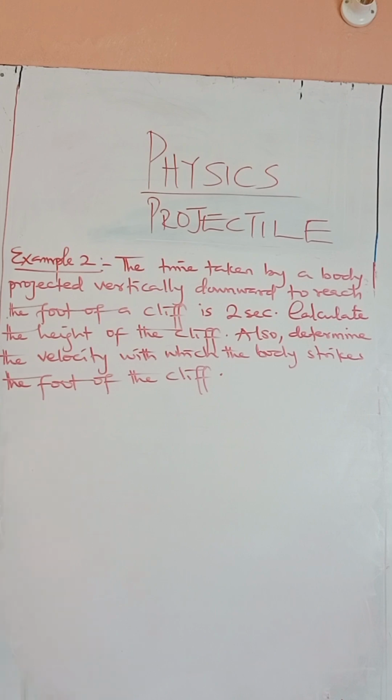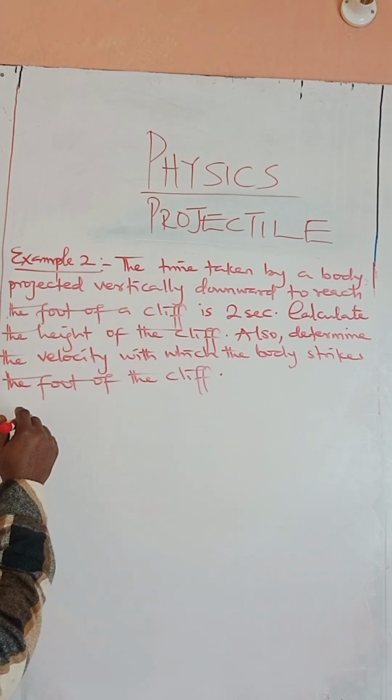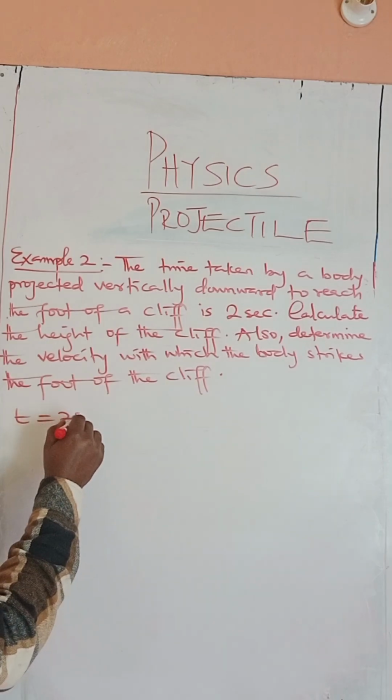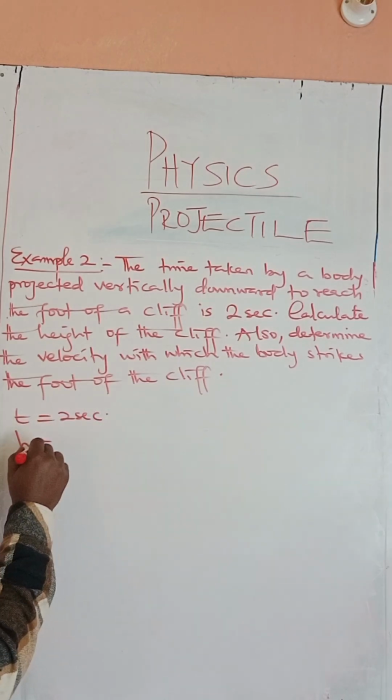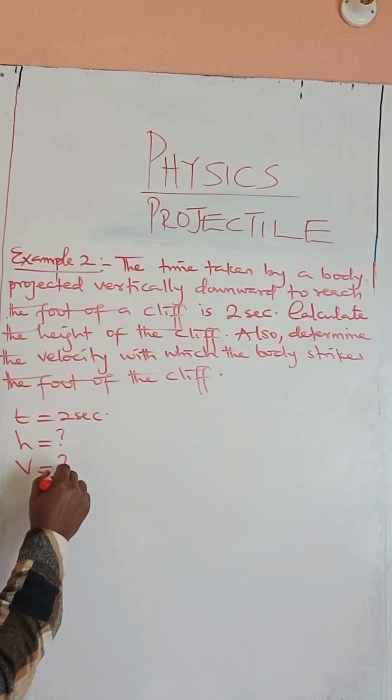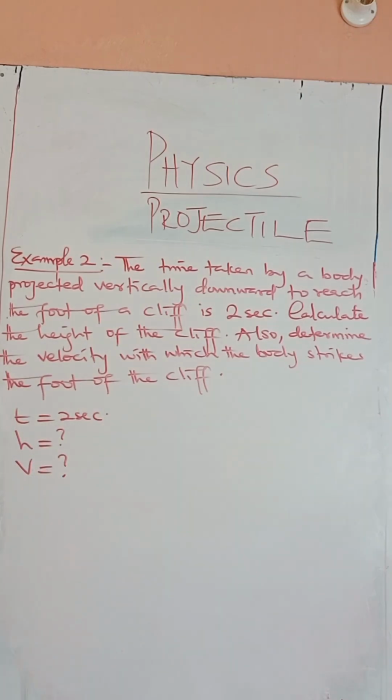That's the question. So in this question, you are given time to be 2 seconds. The first one, you have to calculate the height, and again you have to calculate velocity. That is definitely the final velocity.